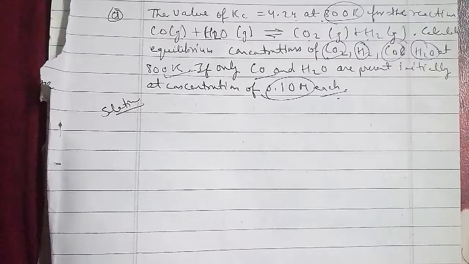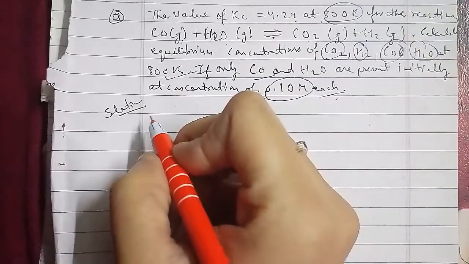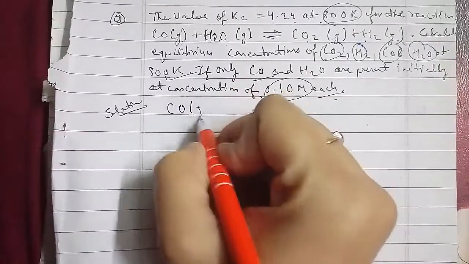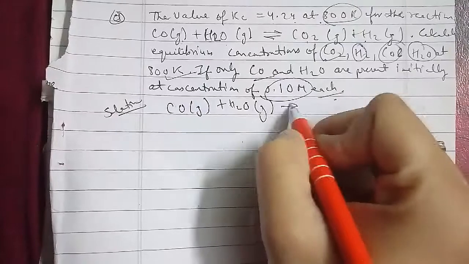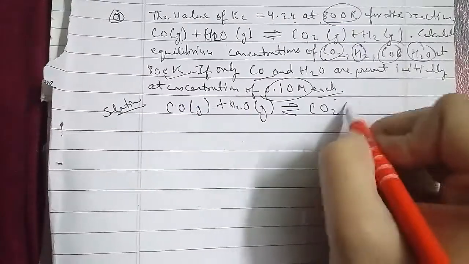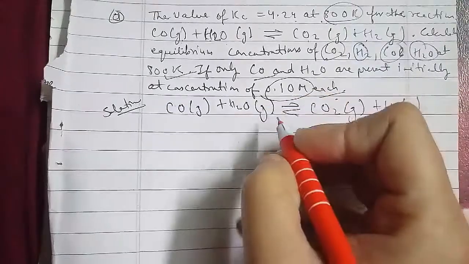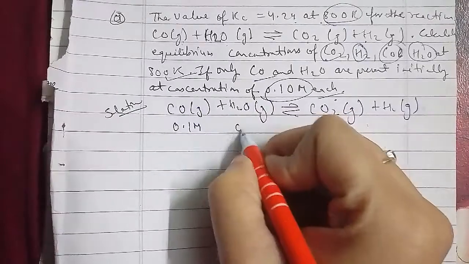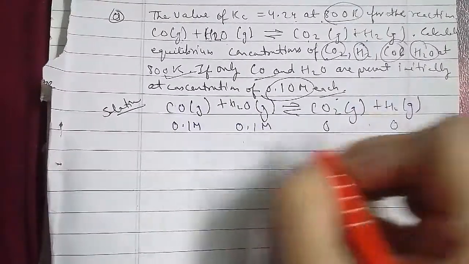Let x mole of each product be formed at equilibrium, so we get 0.1 minus x for each reactant, and x for each product. Here x is the amount of carbon dioxide and H2 at equilibrium.